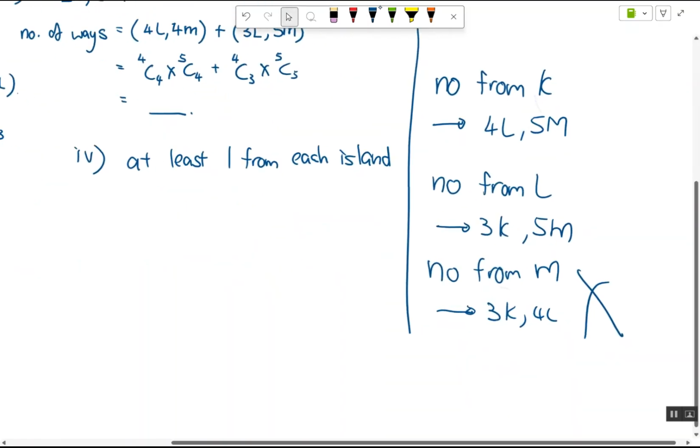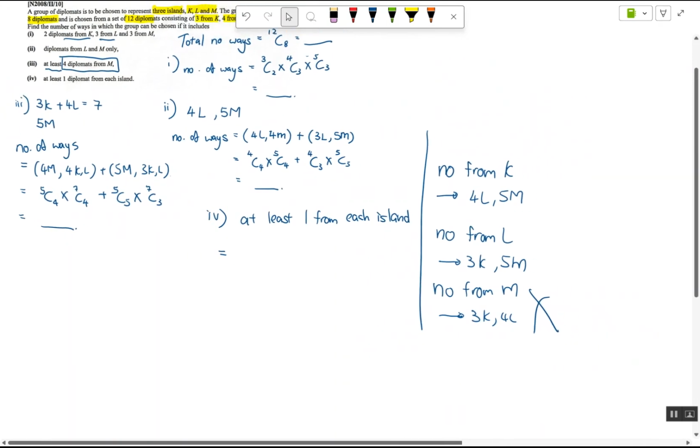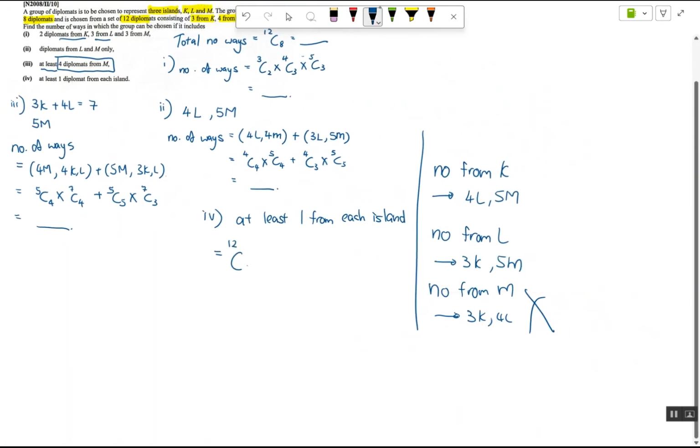Now that we know all our cases, we use the total number of ways at the start. That would be 12 choose 8. Total number of ways if I choose 8 people from 12 people, minus away the first scenario: if I have nobody from K, I have 9 people to choose from, and I choose 8.